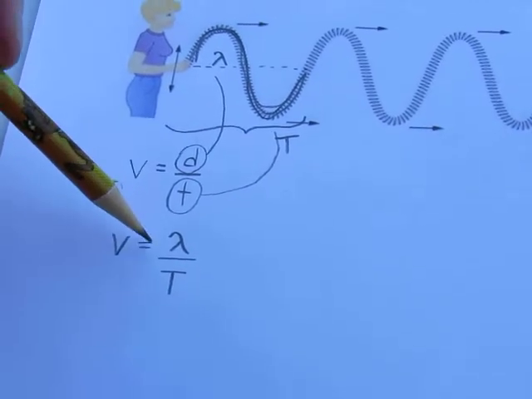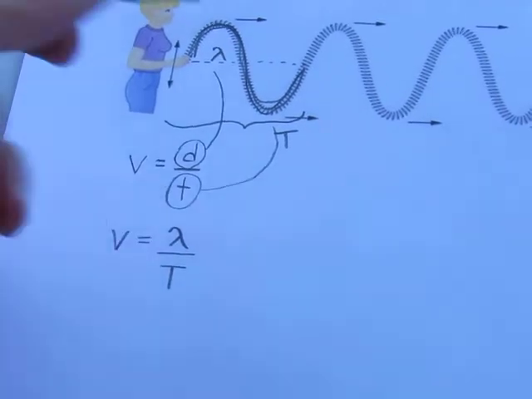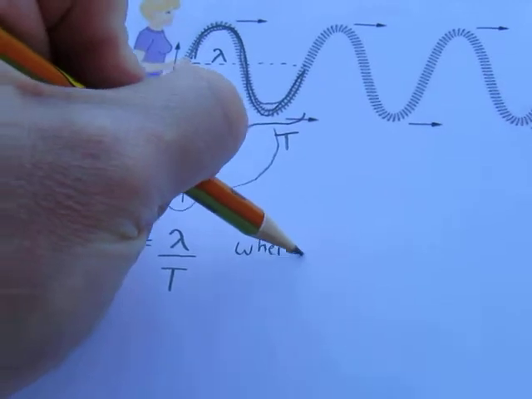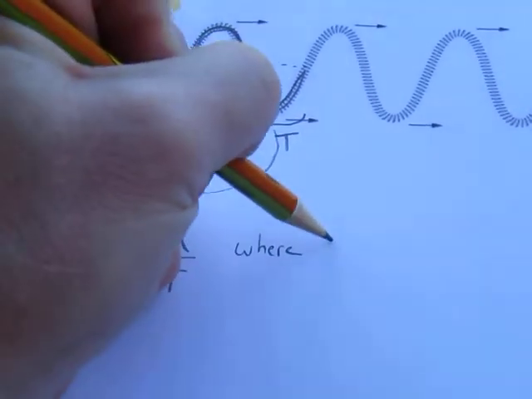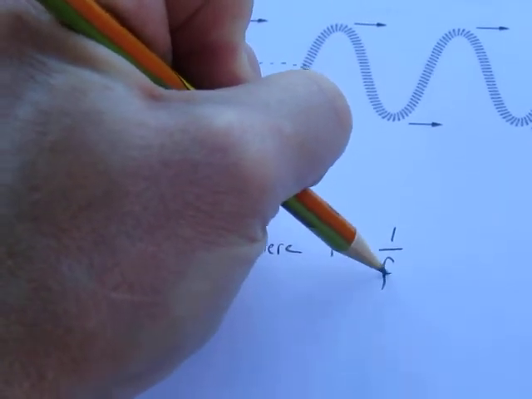Now that's also a formula that you can use, but that's not usually the way that the formula is written in textbooks. Textbooks take advantage of that fact from last day's work, where period is equal to 1 divided by frequency.